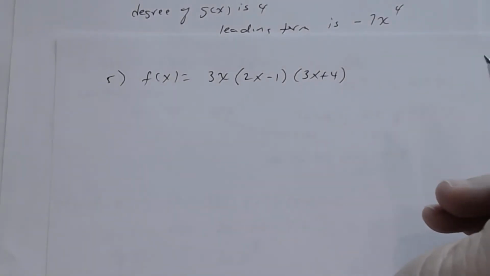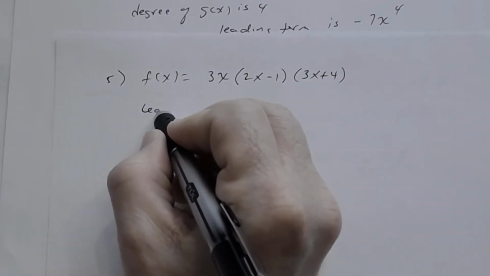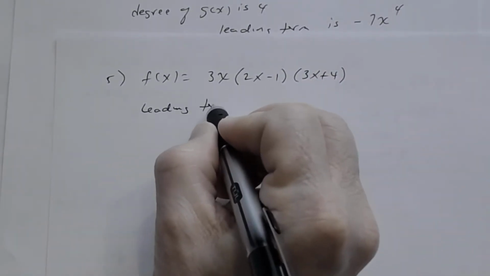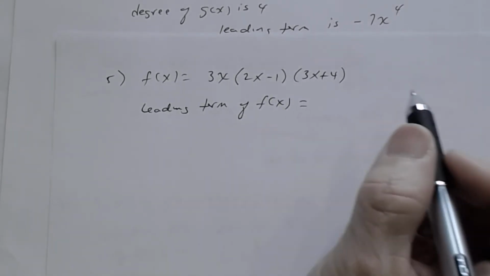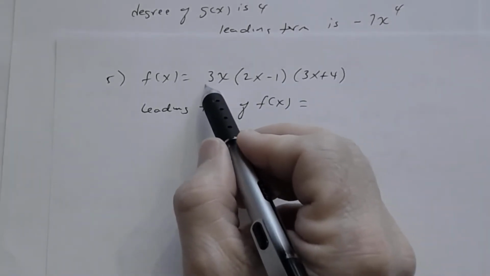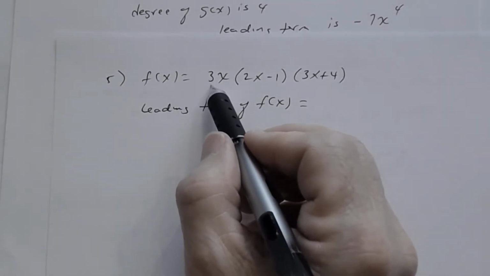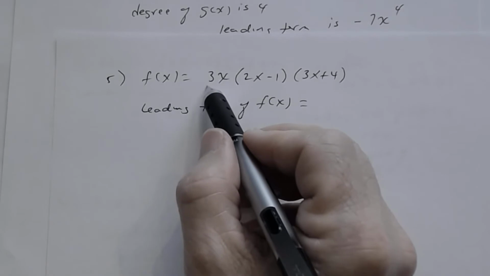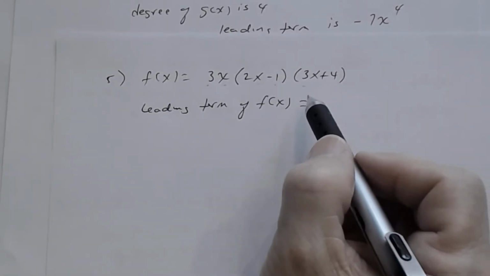Okay? And so if I want to find the leading term of f of x, I take each factor. Now be careful. See this factor, there are actually 4 factors here. There's a 3, an x, a 2x minus 1, and a 3x plus 4.